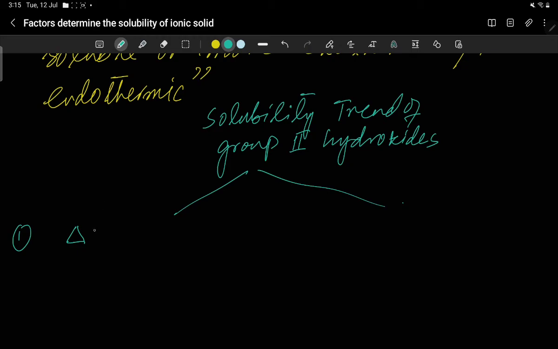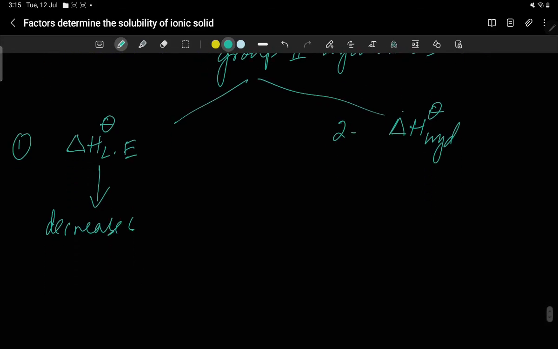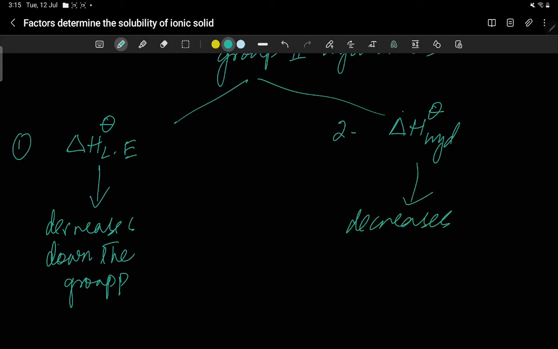First factor delta H lattice energy, second factor delta H enthalpy change of hydration. Decreases down the group, also decreases down the group.